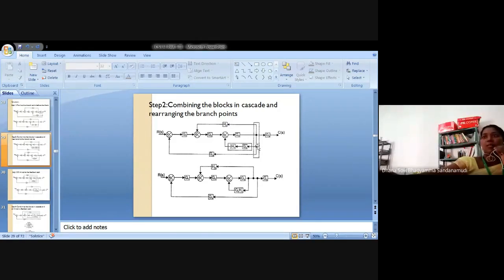It is not on the main path. But of course, the signal is continuing here. That's why this branch point can be moved here, since no element is there. So no problem, I can directly connect it to the main path. So from G4, of course, it is connected to the main branch point. Is this your doubt or anything else you want me to ask?